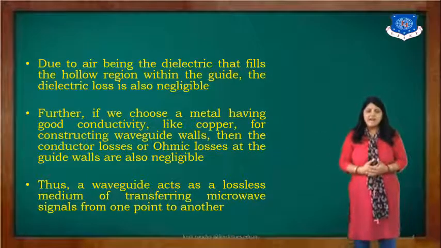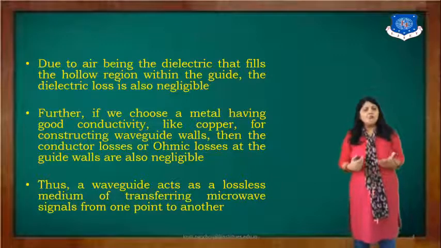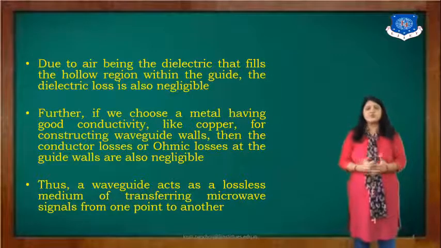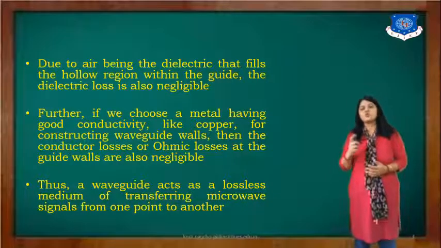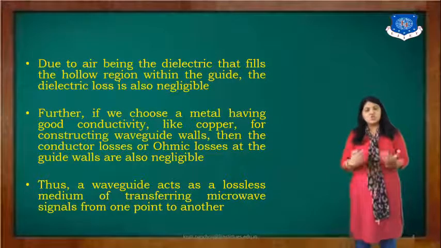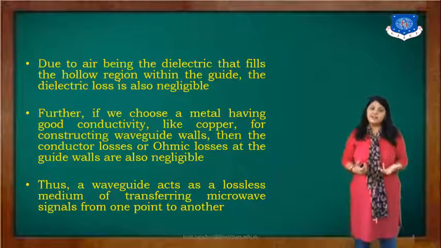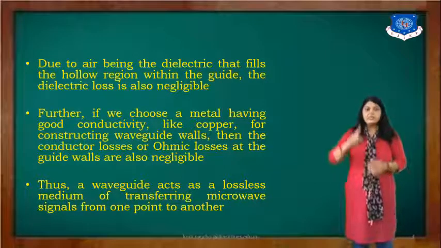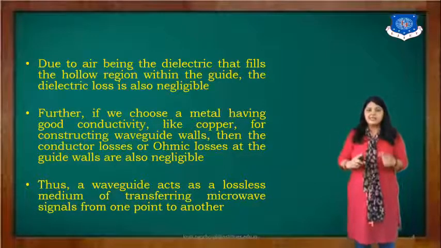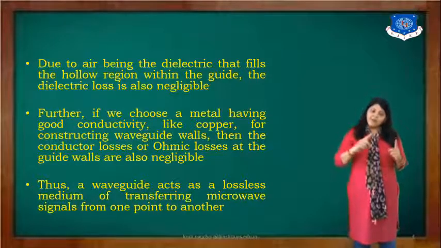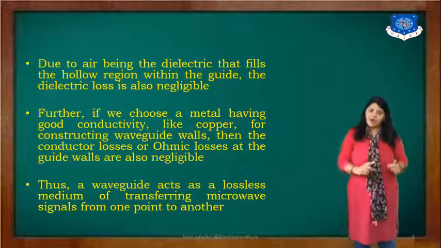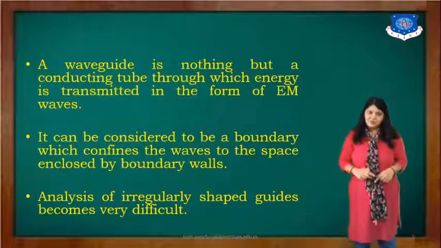So this waveguide acts as a lossless medium for transferring the microwave signals from one point to another point. So what is the waveguide? A waveguide is a hollow conductor. It acts as a lossless medium for transferring the microwave signals from one point to another point.